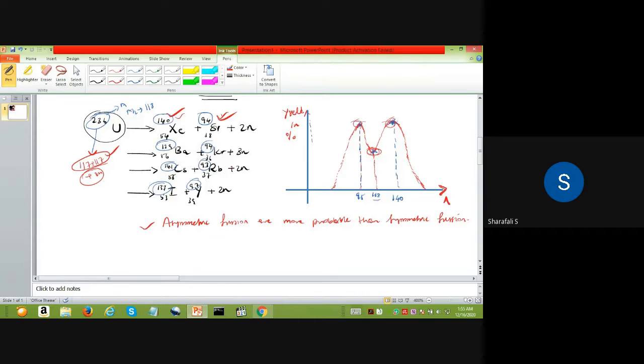Okay, so those nuclear fissions are called asymmetric fission, with the daughter nuclei having very different mass numbers. And these asymmetric fissions are more probable as compared to symmetric fission. Okay, so that is what we get from this.